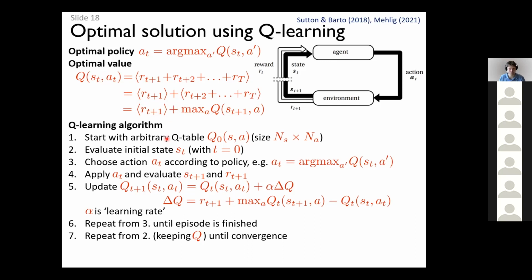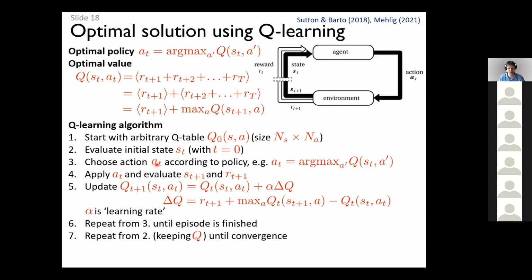So in the Q-learning algorithm, we start with an arbitrary value Q, which we call Q0. It could, for instance, just be zeros, so we assume it's just zeros to simplify. The next step is to evaluate the initial state at t equal to 0.